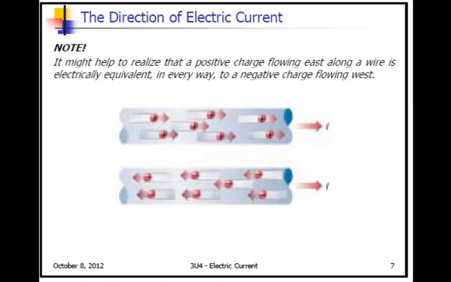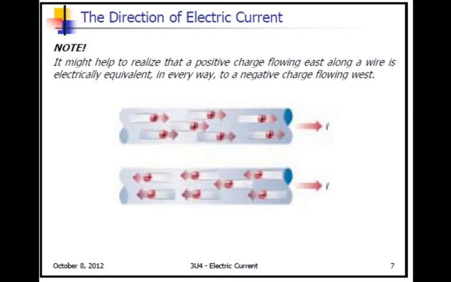If those positive ions are flowing to the right, our current would be directed right. If we have negative ions or electrons, which is most commonly what moves around in electricity, flowing to the left, that conventional current flow would still be in the same direction, to the right.